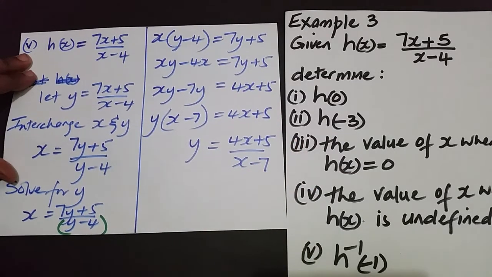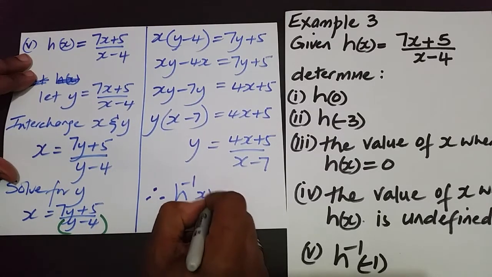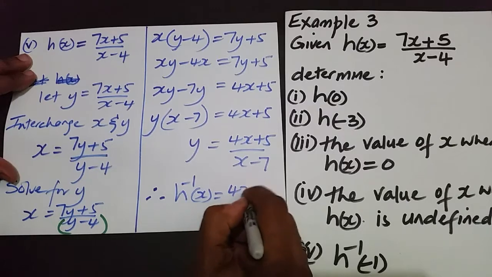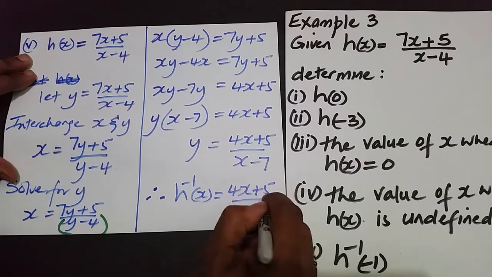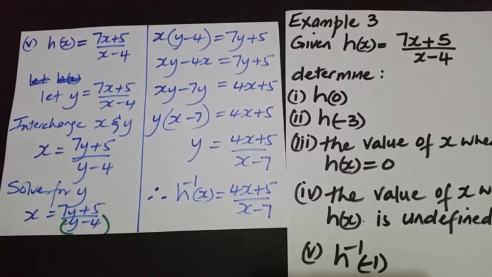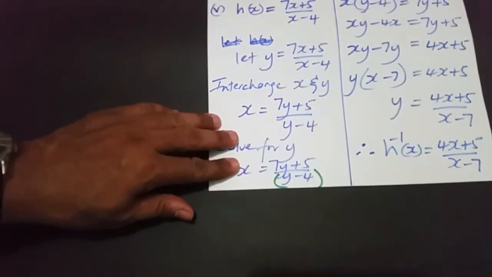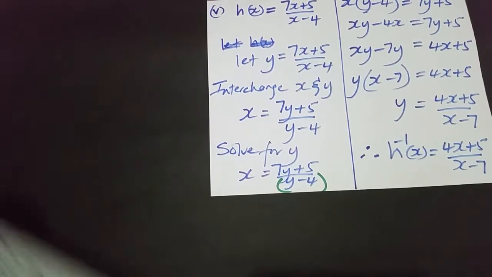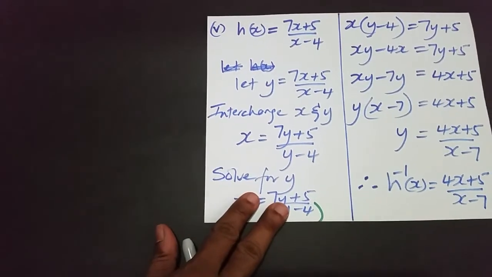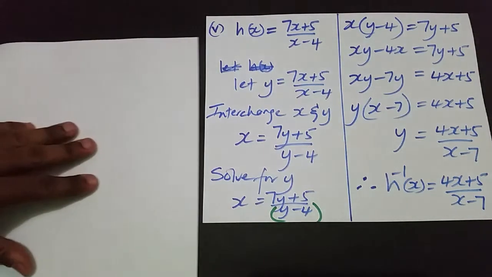So now that we know what y is, it therefore means that the inverse of h of x is equal to 4x plus 5 over x minus 7. Now, they've asked us to find the inverse of h of negative 1. So now we have the inverse, we can go ahead and do that. So the inverse is right there. Now we're going to go ahead and find the inverse of h of negative 1.